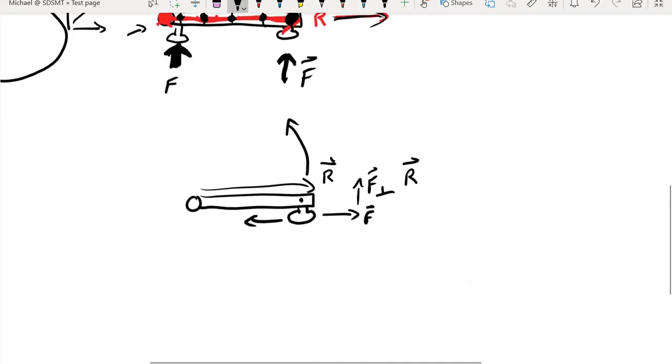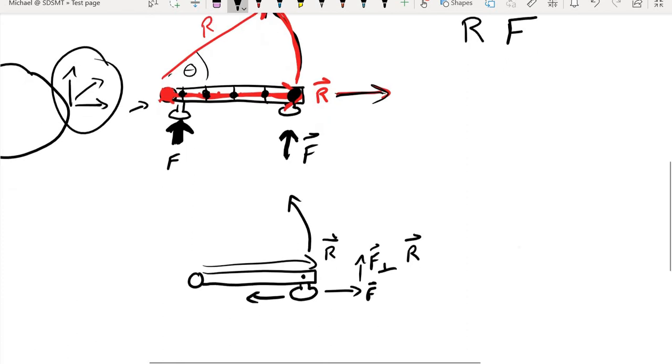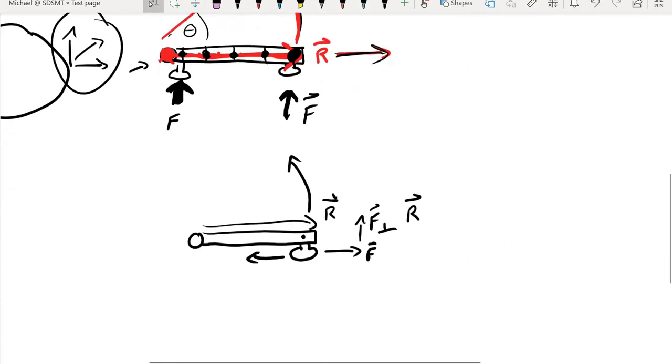So this is where we said, does it matter how we orient the force? And in fact it does. Any force that we apply to this door, maybe I apply a force in this direction, will have some perpendicular and some parallel component.